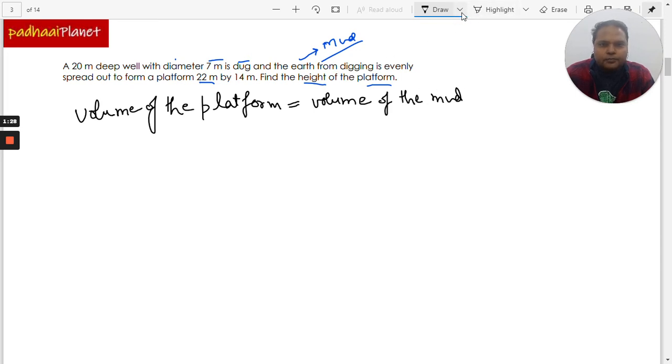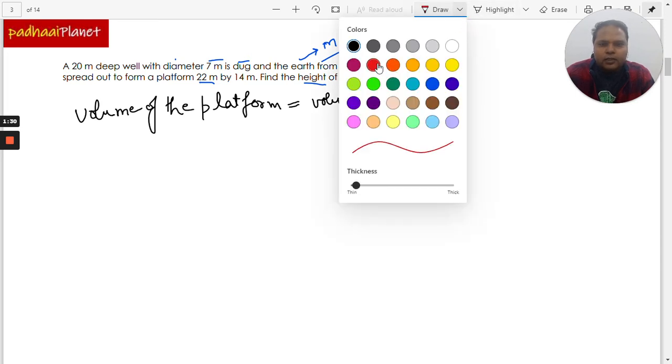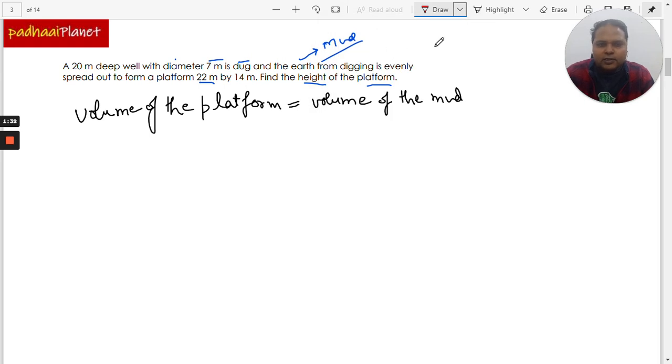Now we know that the mud is in the form of a cylinder, because the well is like this, circle from the top, and it has gone like this. So the whole thing is a cylindrical form. So the volume of the mud can be calculated with the formula of the cylinder, and that is pi r square h.